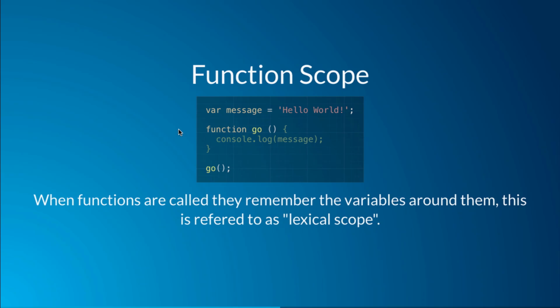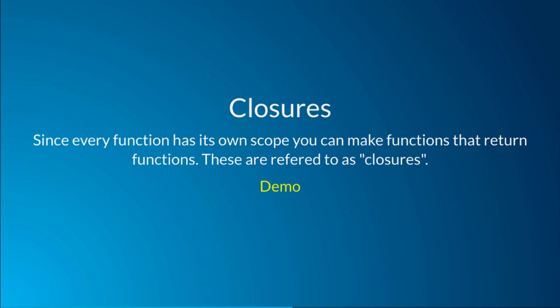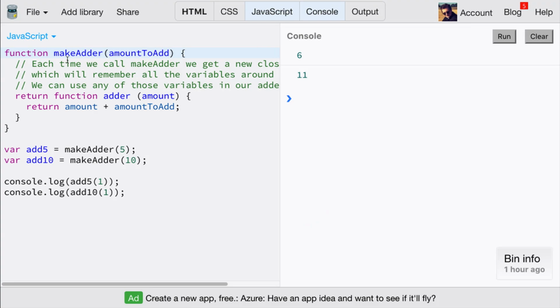And this actually turns into a really powerful concept in JavaScript. The other $1 million word from this is you can create a closure. And in my separate demo of this, you can have functions that return functions. I have a function that's going to take an amount that I want to add. So say I'm making a really simple little calculator app, and I'm going to return another function. And then I can create new functions.